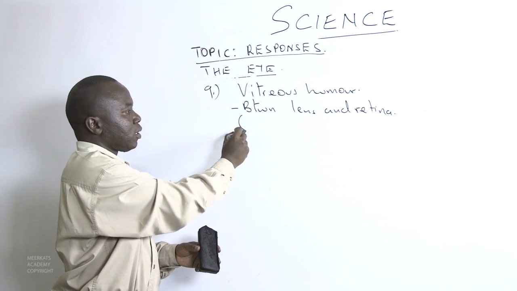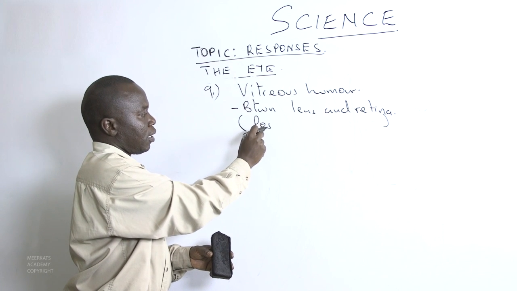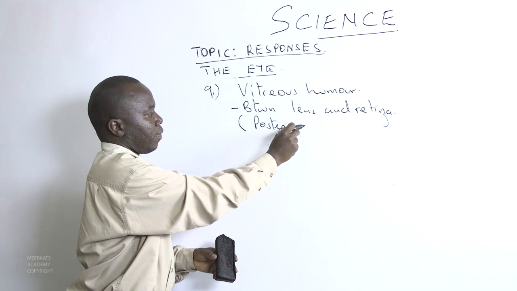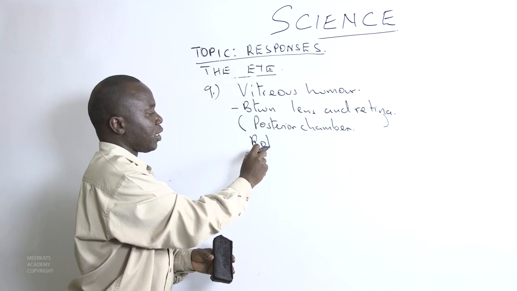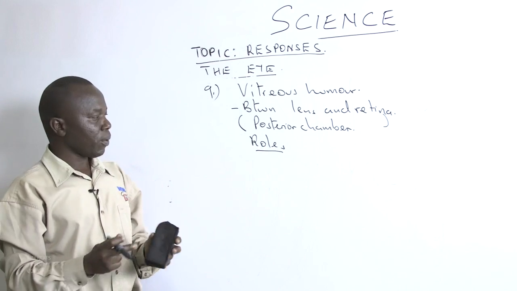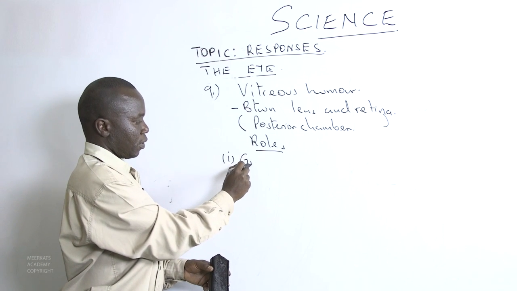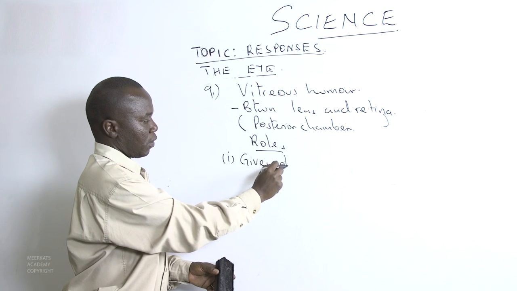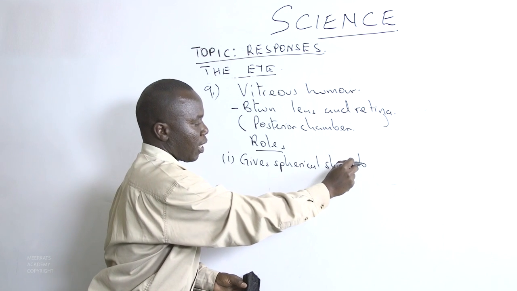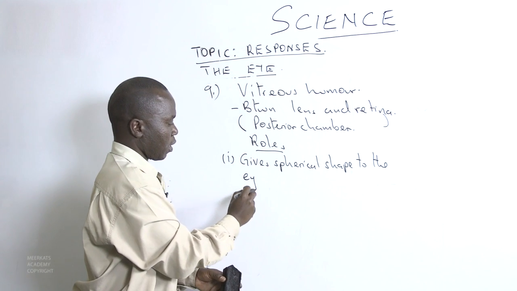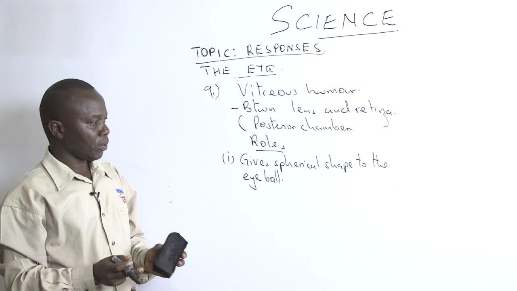That space between the lens and retina is called the posterior chamber. The roles of vitreous humor, just like aqueous humor: one of them is that it gives spherical shape to the eyeball.